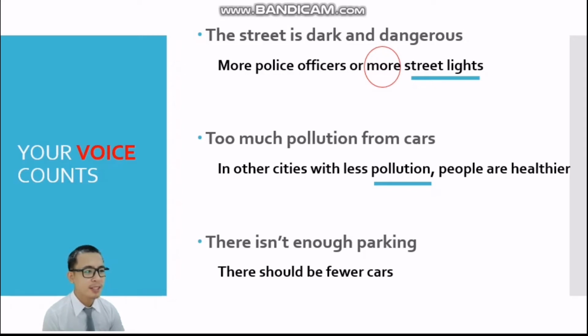How would you express quantity in the word pollution? You will add the word less. How about this word? How will you express quantity for this word? You will add fewer. So it will become fewer cars. So again, more street lights, less pollution, fewer cars.